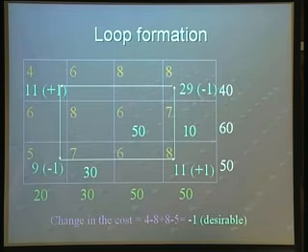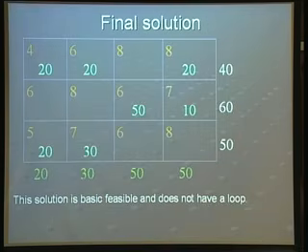So, if we make this 20, then this would change to 20, this would change and this would become 0, and that is shown in the next table. 20, 20, 20, 10, 50, 30, this 20 will become 0. This is not 20, this would become 0 because of that change.